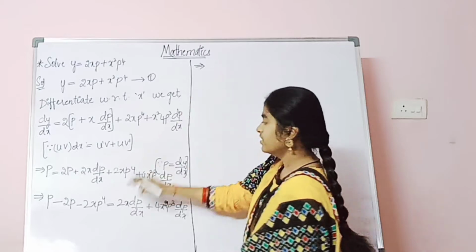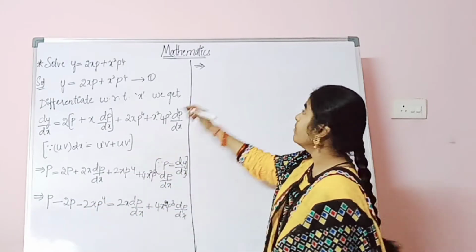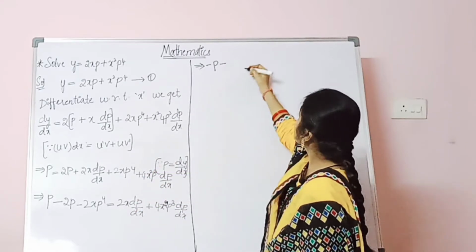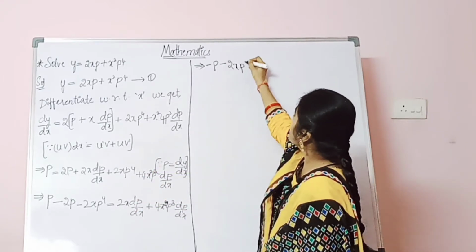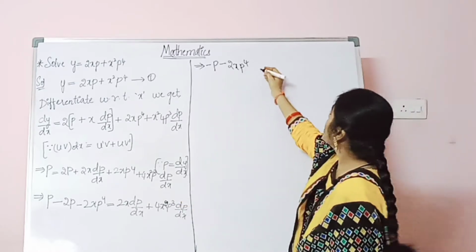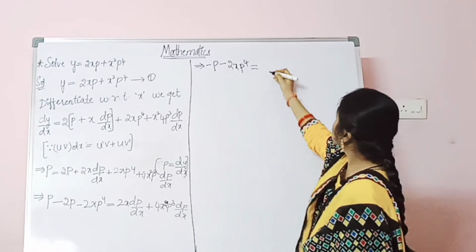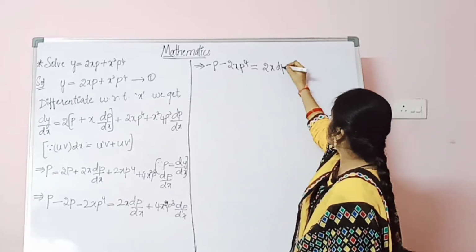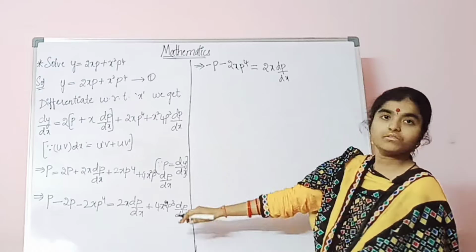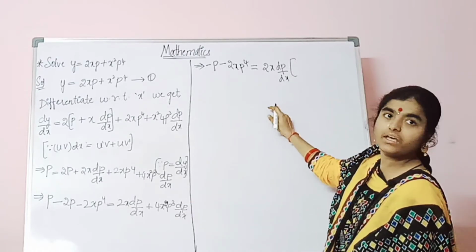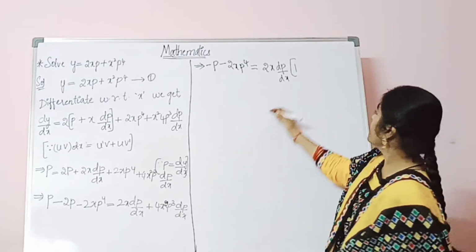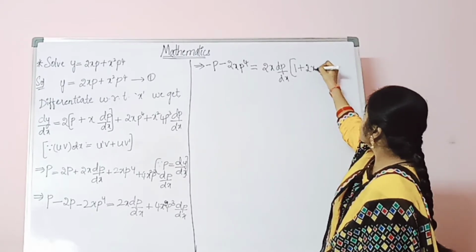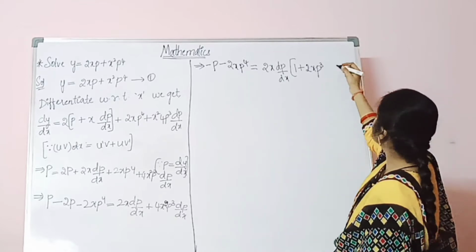That implies p minus 2p is minus p, so minus p minus 2x p power 4 equals, here we take 2x dp by dx common: 2x dp by dx into 1 plus 2x into p cube.